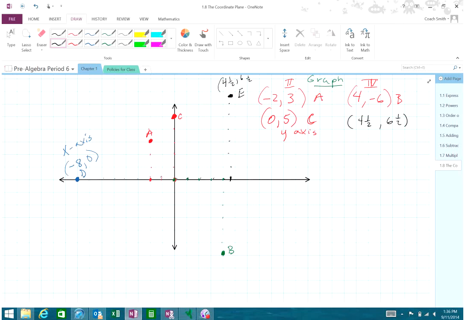Anytime the second number is 0, it will fall on the x-axis. So you could have any number and 0 here, and 0 and any number up here. That's how you can tell whether it's on the y-axis or the x-axis. Okay, any other questions?